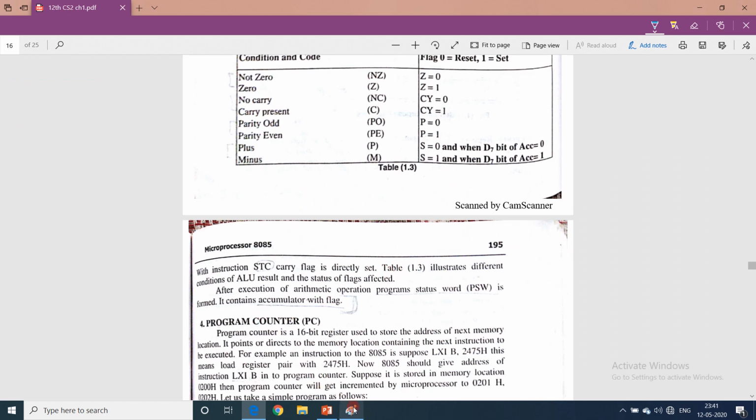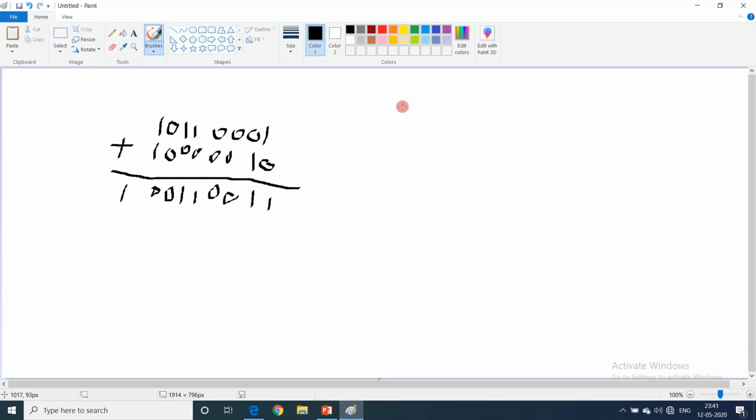For example, the accumulator has some value, say 15H. It's hexadecimal; in 8085 the data is stored in hexadecimal. And for example, the flag register is equal to 85H.